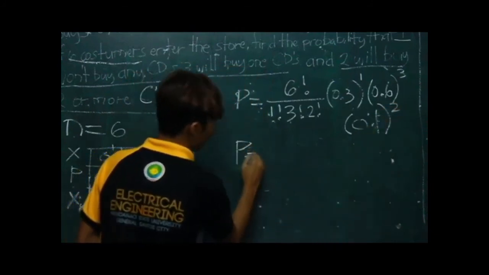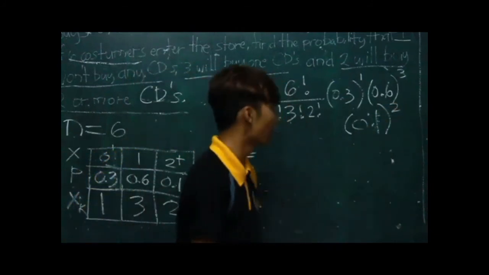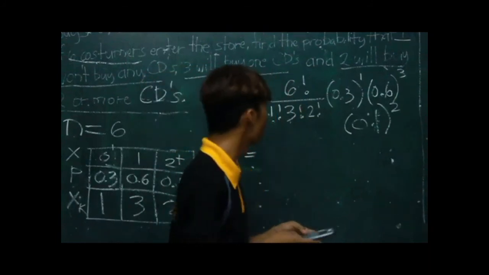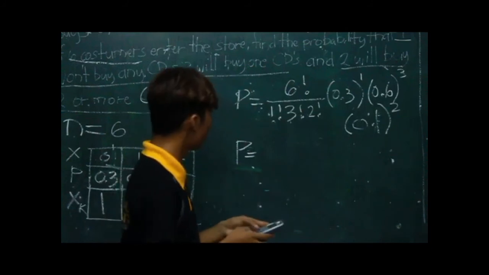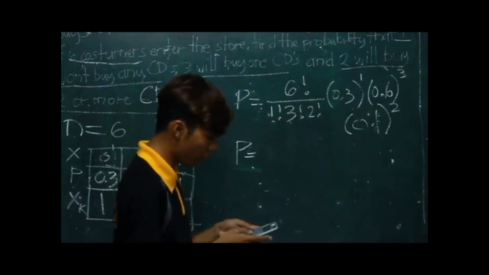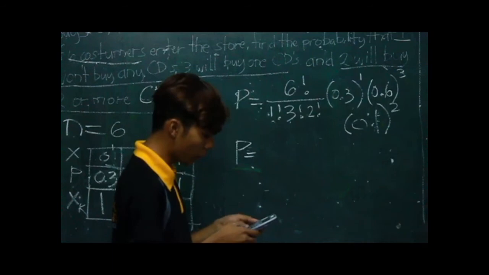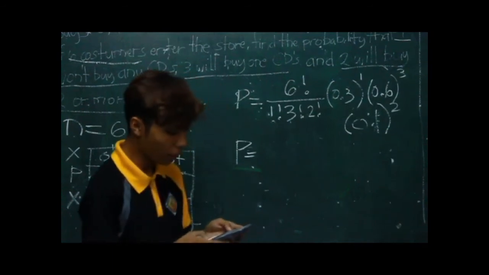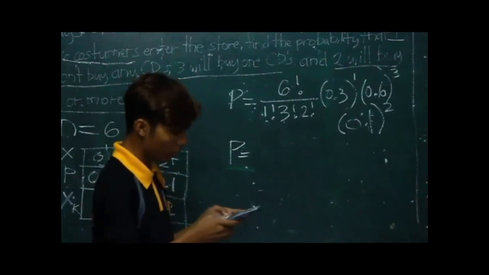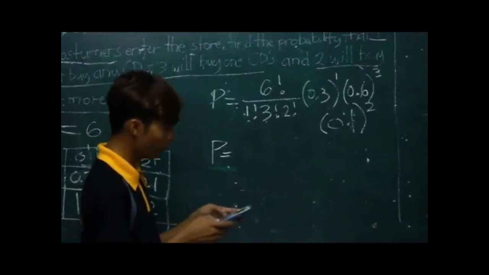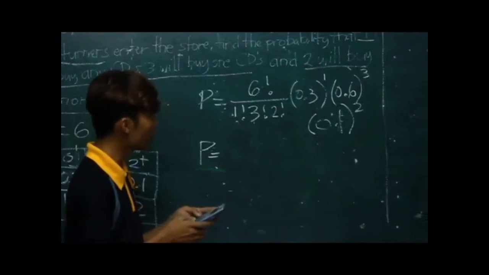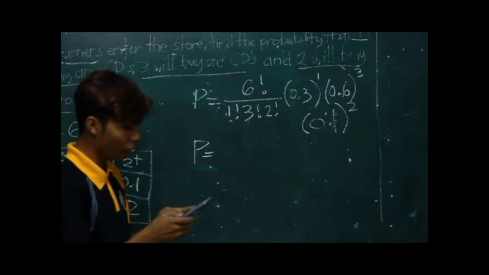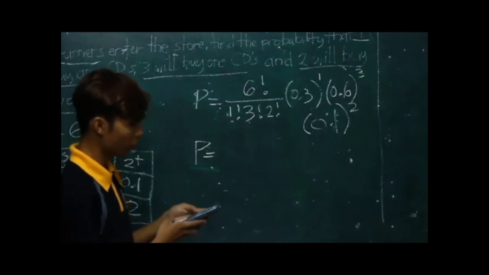Now let's input this in our calculator, and the calculator will do the work. So 6 factorial over 1 factorial times 3 factorial and 2 factorial, times 0.3 raised to 1, 0.6 raised to 3, and 0.1 raised to 2.